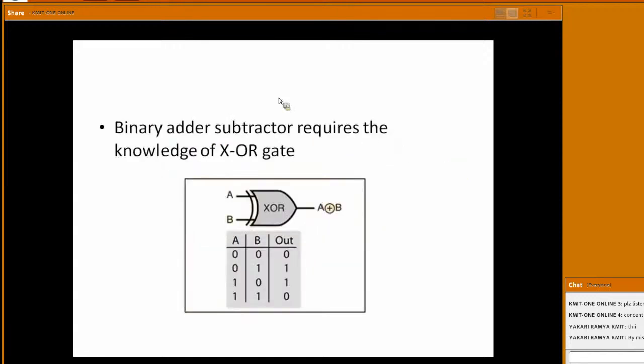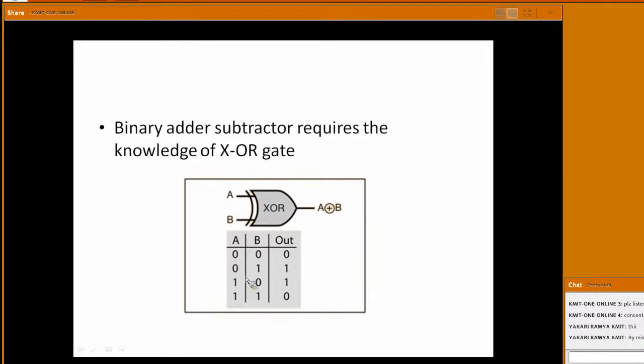Before this, let us see how the XOR gate operates. When you XOR any bit with 0, the result is the bit itself. XOR 0 with 0, the result is 0. XORing 1 with 0, the result is 1 itself. That means when you XOR any bit with 0, the result is the bit itself.